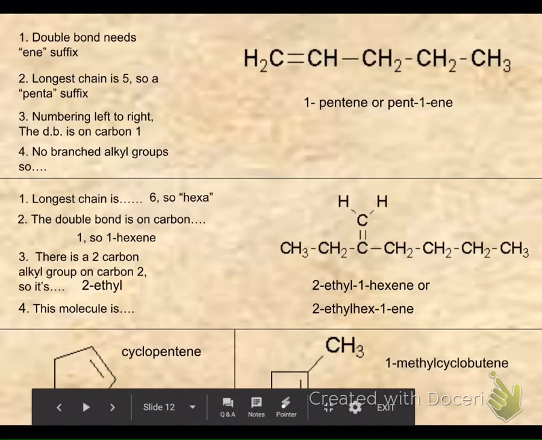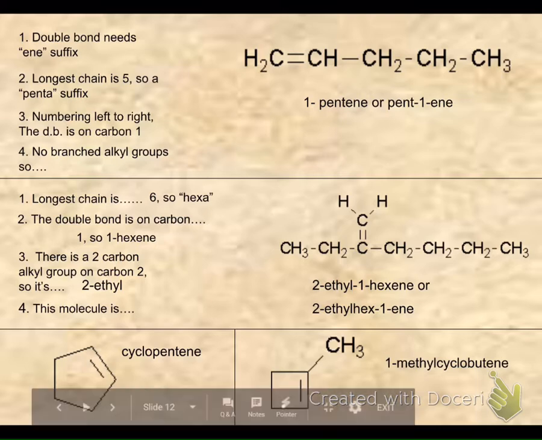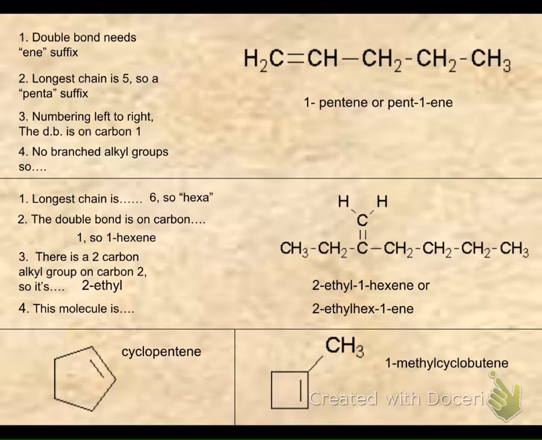So here are some examples for naming the alkenes. In the top one, we have a pretty straight picture. 1, 2, 3, 4, 5 carbons. So that's going to give us a pentene with a double bond here. The only thing is we have to name where that double bond is. Which carbon does it come off of? Well, we want to give it the lowest number possible.